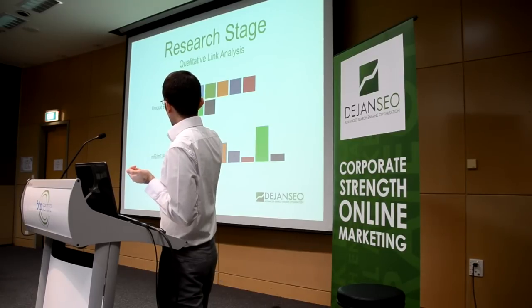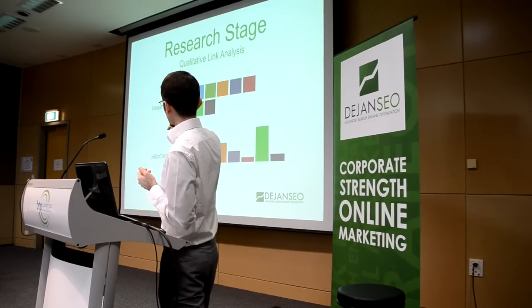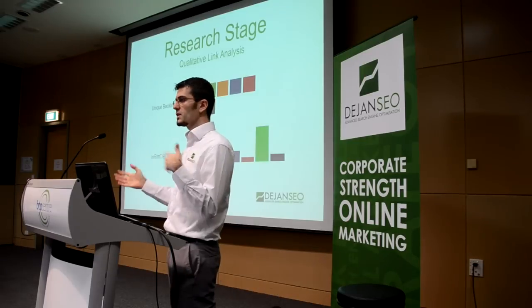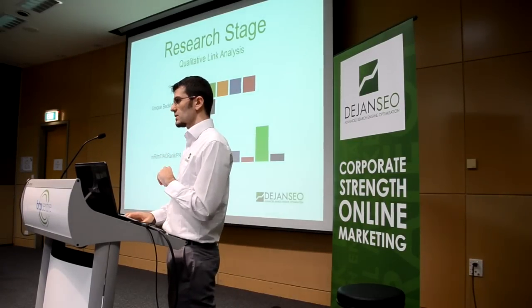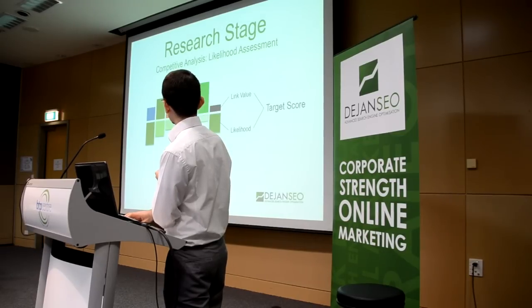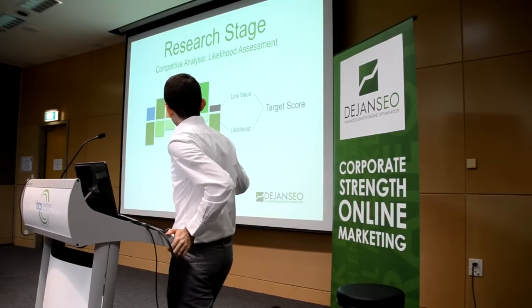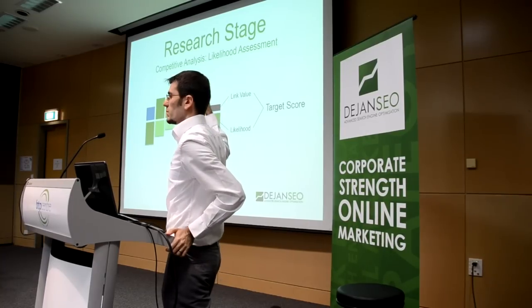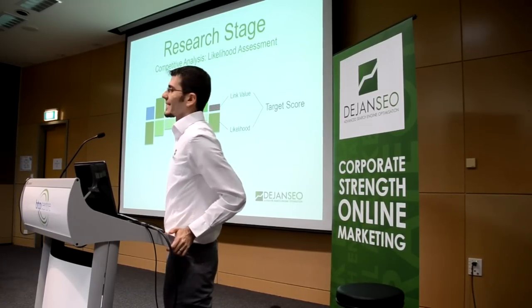We use PageRank, AC Rank. PageRank is by Google, AC Rank is by Majestic, and then SEOmoz uses MozRank and TrustRank. Any number of these, for as long as you have some metric to balance your link building activities towards, it'll give you an insight as to what's worth chasing after. But there's one more layer of complexity added to this. Basically, link value is there, and you find that through things like PageRank or MozRank. But then there's also a likelihood.